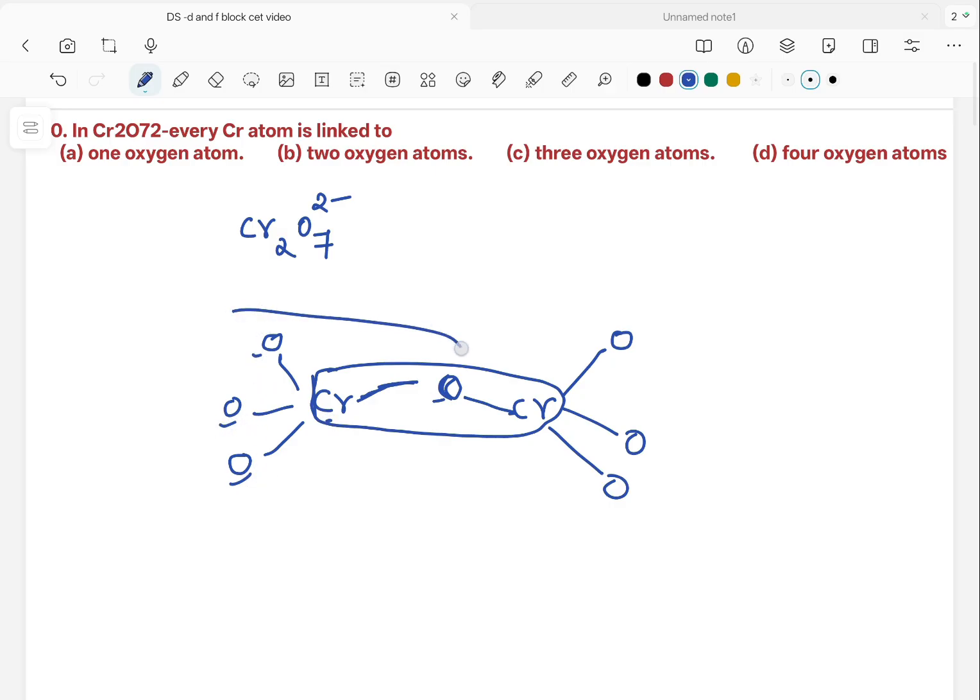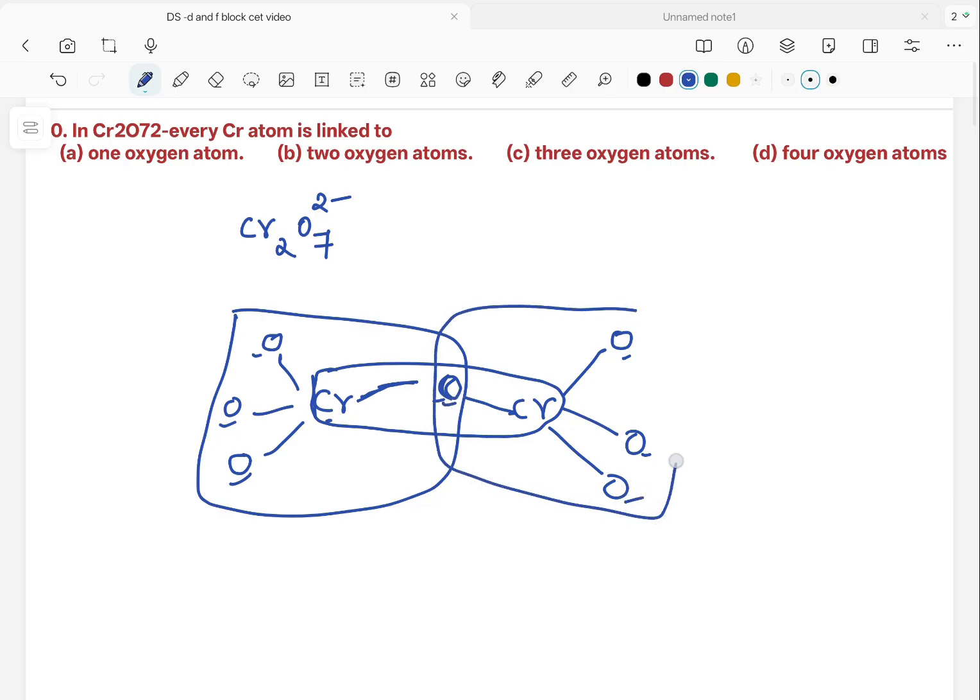Meaning this chromium is linked with these 4 oxygen atoms, whereas this chromium also has 1, 2, 3 and 4 oxygen atoms. So our answer should be 4 oxygen atoms. Every chromium will link with 4 oxygen atoms. So option D will be our answer.